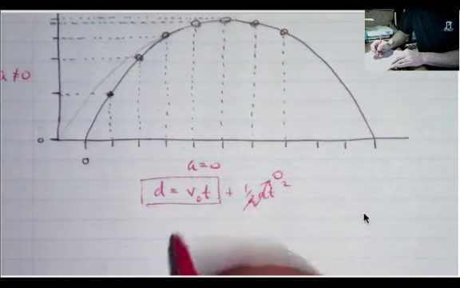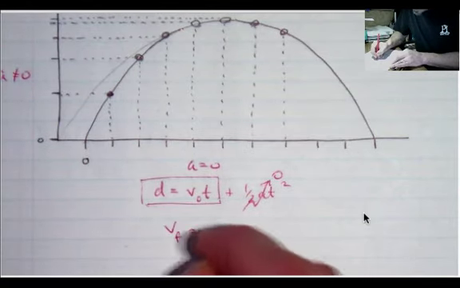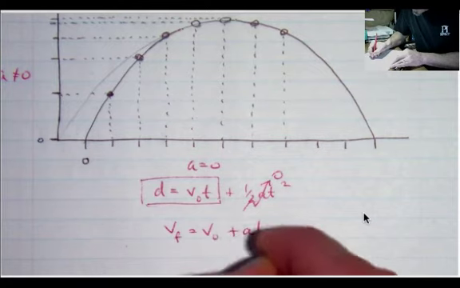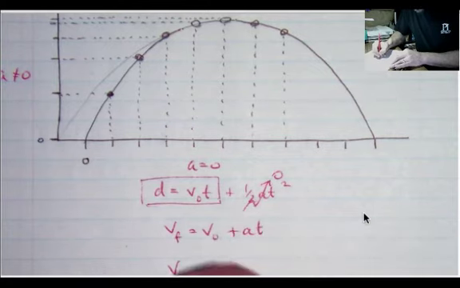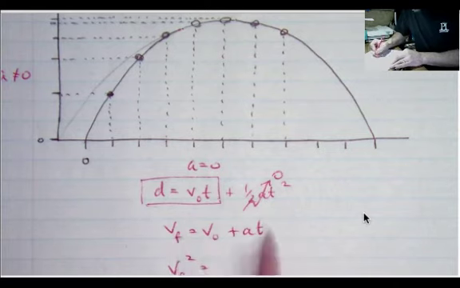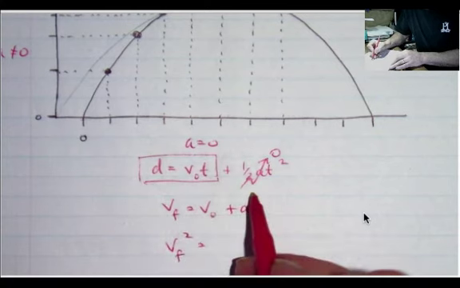The other two equations, this equation and this equation, which is just the square of this equation simplified, making use of the first equation.